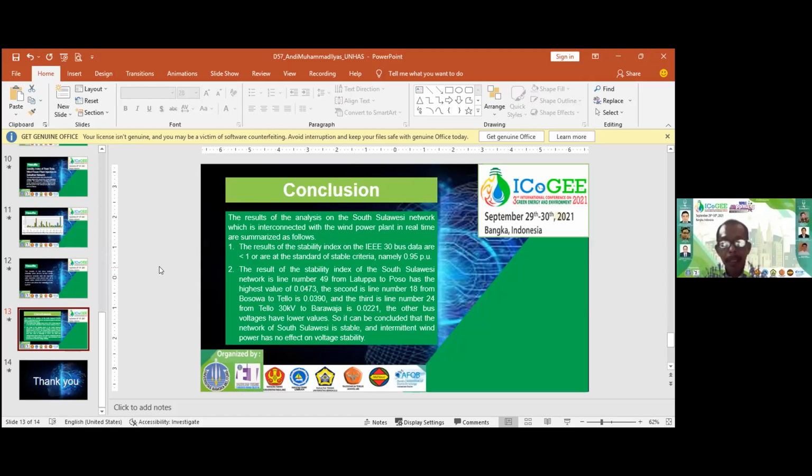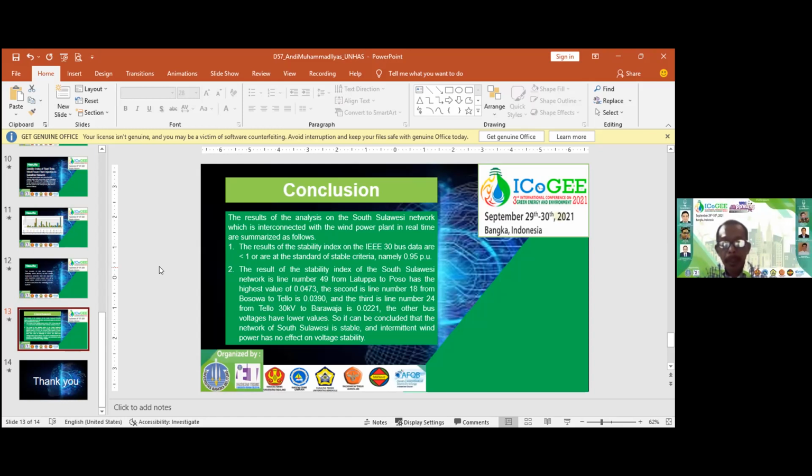The second is line number 18 from Bosowa to Tello, at 0.0390. And third is line number 24 from Tello 30 kilovolt to Bosowa, at 0.0221. The other bus voltages have lower values.